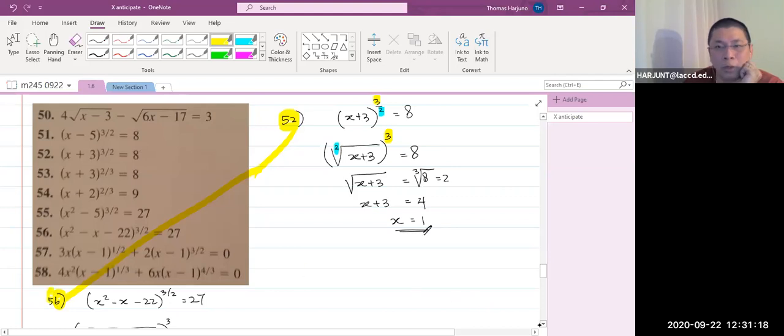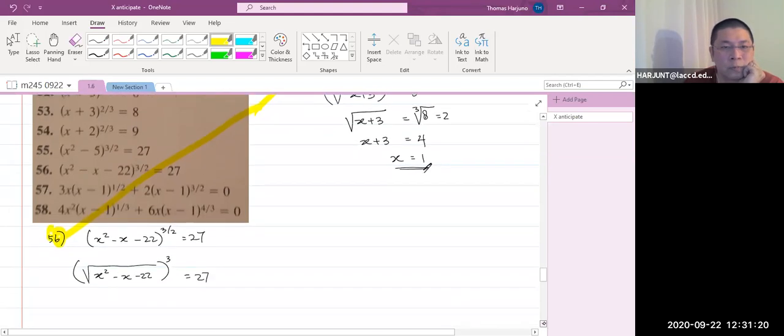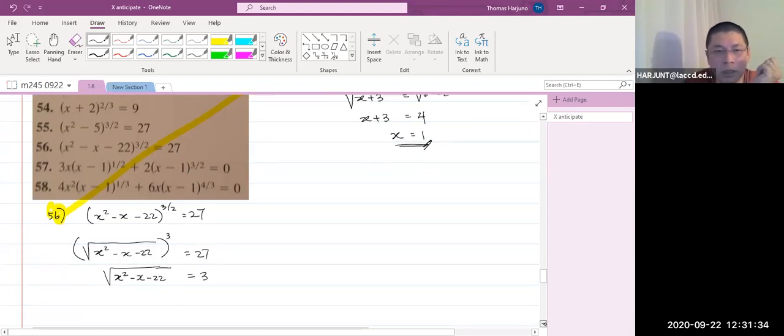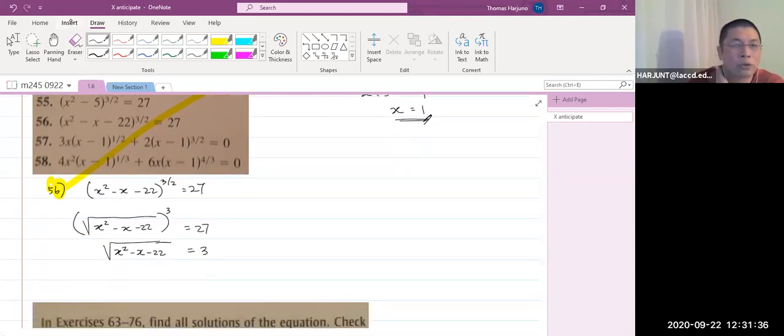Blah to the power of 3 halves. Right? So I apply cube root to both sides. That's equal to 3. And because it's already a positive number on the right hand side, I will square without the need of checking later on.